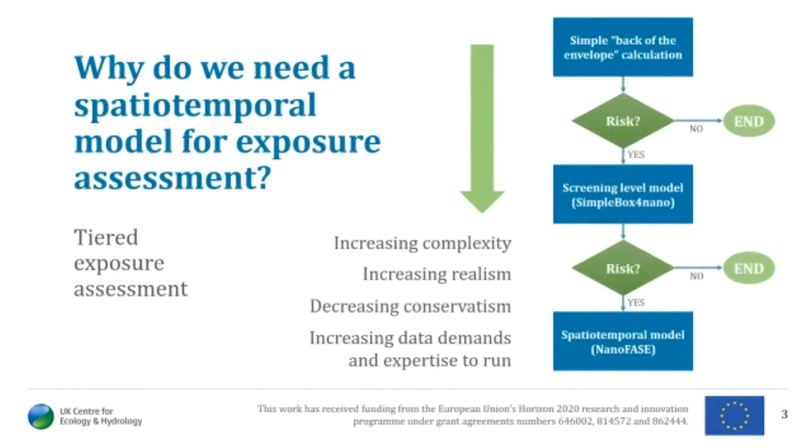And so as you get towards the higher tiers, like something like the NanoFASE model, you have a more realistic picture of what's going on in the environment and what the real environmental risk from your nanomaterial is. But you don't want to start with these really high tier models because they're complex and they're difficult to run and they require a lot of data.